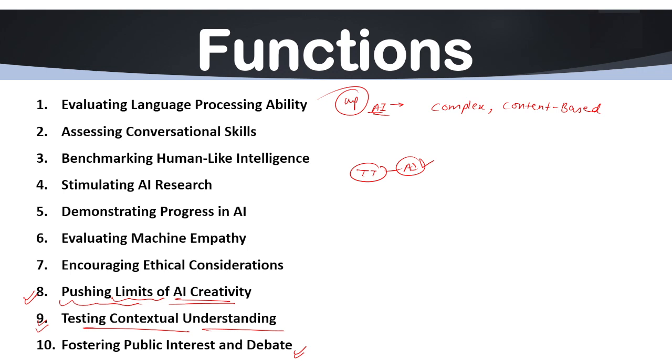The Turing test has popularized AI by bringing discussions about machine intelligence, consciousness, and the nature of human cognition to the public, increasing understanding and sparking debates on AI's role in society. So this is taken under fostering public interest and debates.